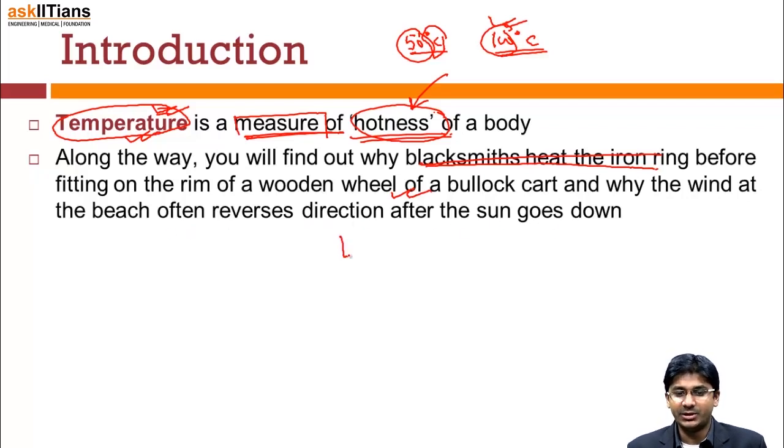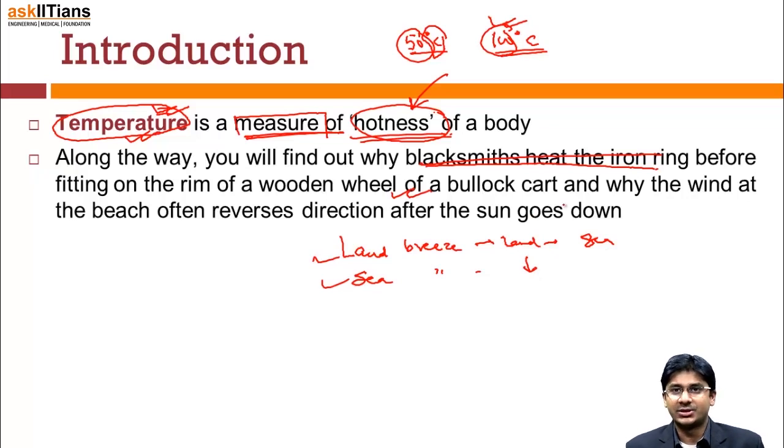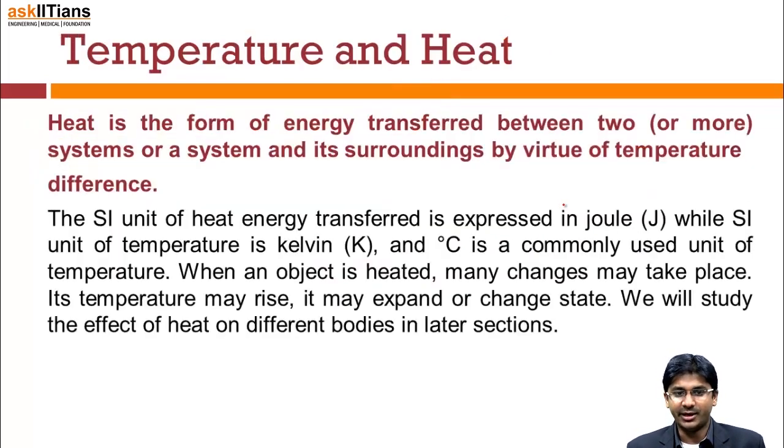You may be familiar with the land breeze and the sea breeze. Now we know that these two are flowing in opposite directions. Land breeze flows from land to sea, and this is the reverse of it. So why does this happen? This happens due to heating and cooling. So we'll see how all these phenomena are happening in our daily life.